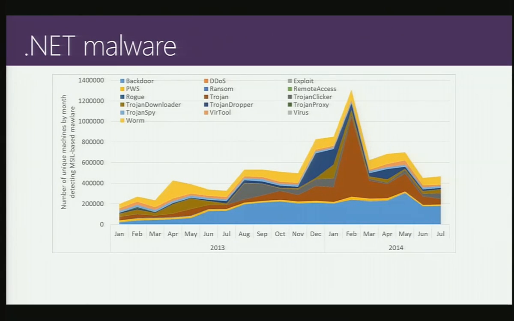As you can see, it is the monthly unique MSIL malware machine count from January 2013 to this August. The general trend of this graph indicates that MSIL malware is a growing problem, so more attention should be paid to this category of malware.